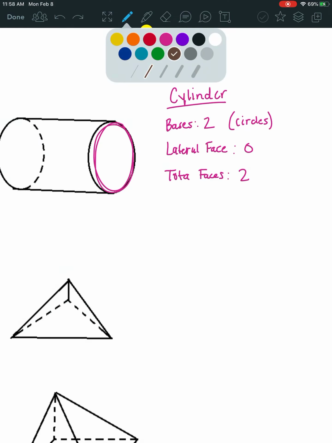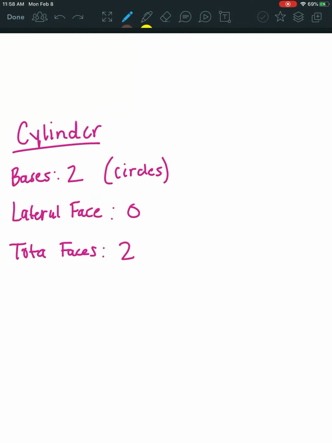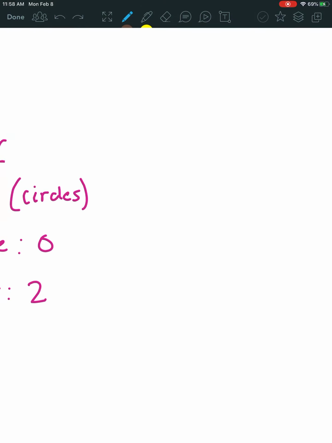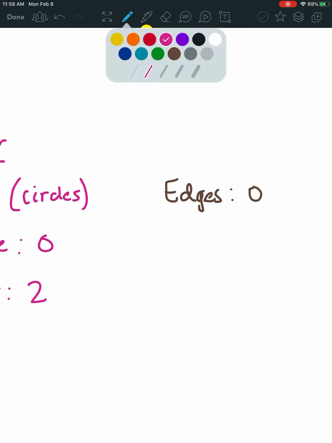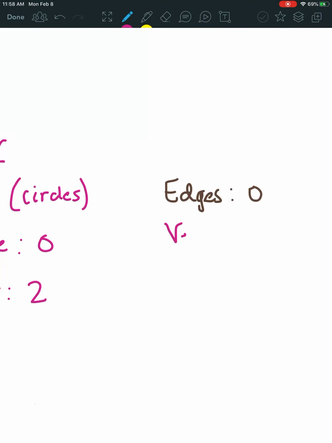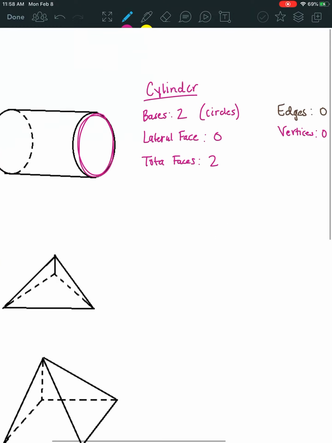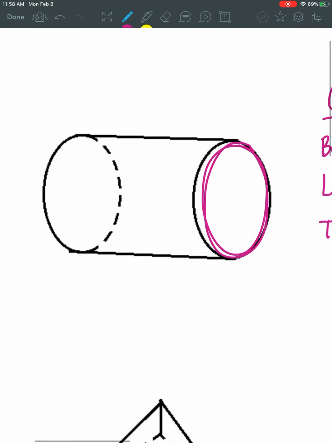So again, in this example, a cylinder doesn't have any straight lines. So there are 0 edges. Same thing with our vertices. There are no points because a cylinder is round. Vertices is also 0.